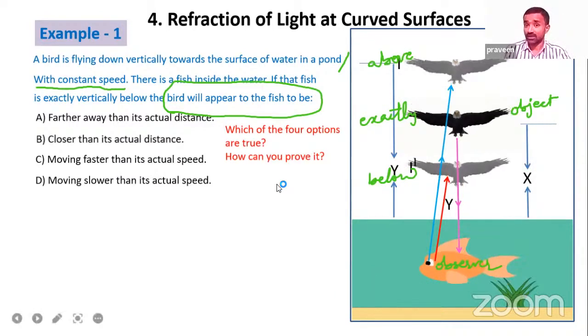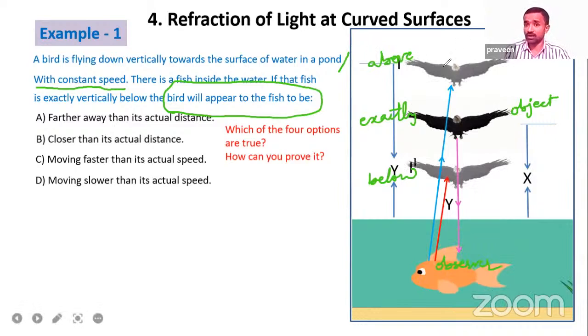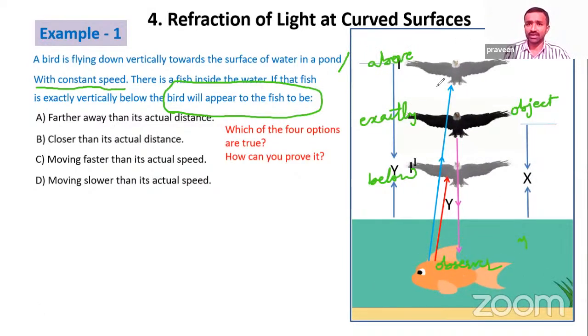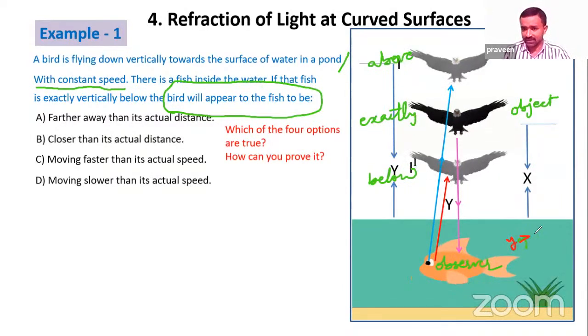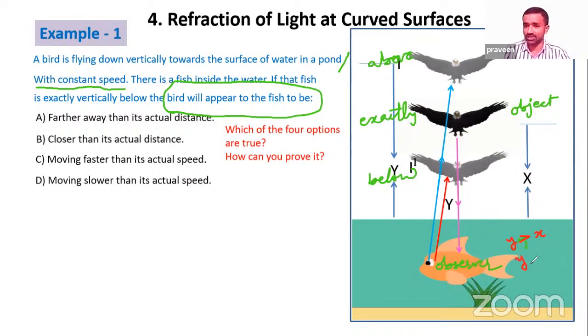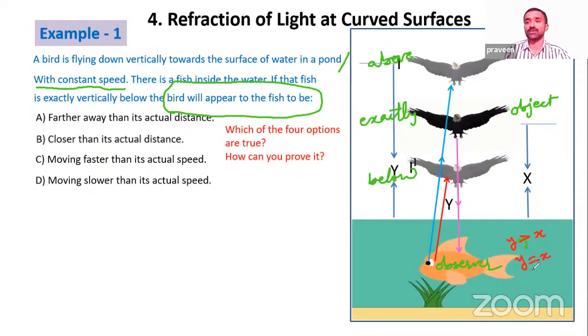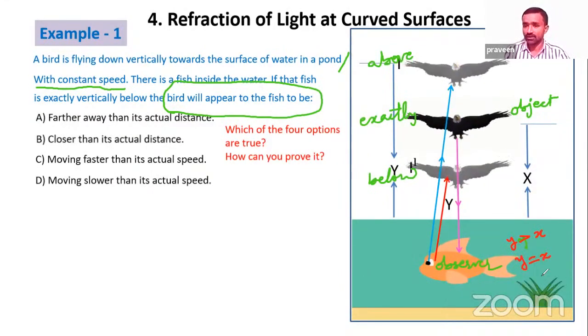If it is far, then we will get y greater than x. If it is at the actual distance, I'll get y equal to x. If it is closer, I'll get y less than x.